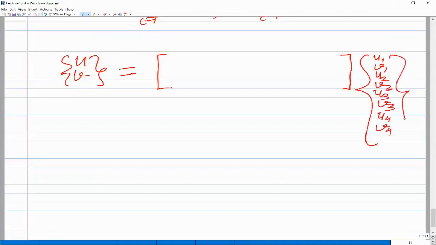When we put all of these together, we will have u as n1 0, n2 0, n3 0, n4 and 0. So you get u as n1 u1 plus n2 u2 plus n3 u3 plus n4 u4.